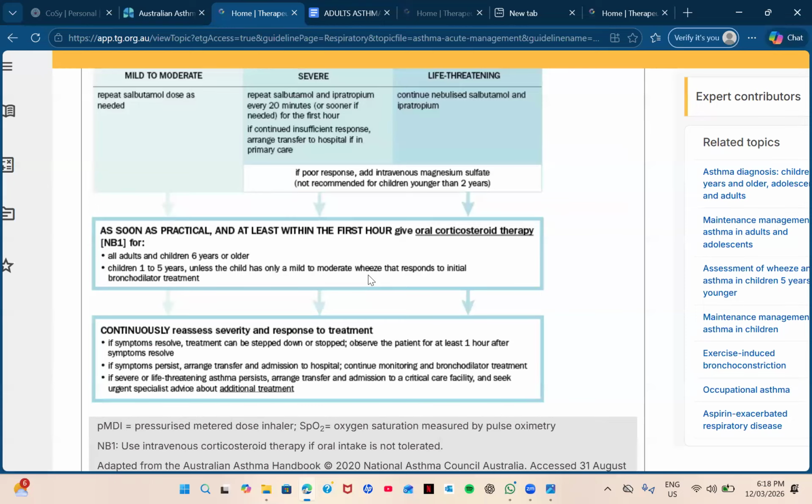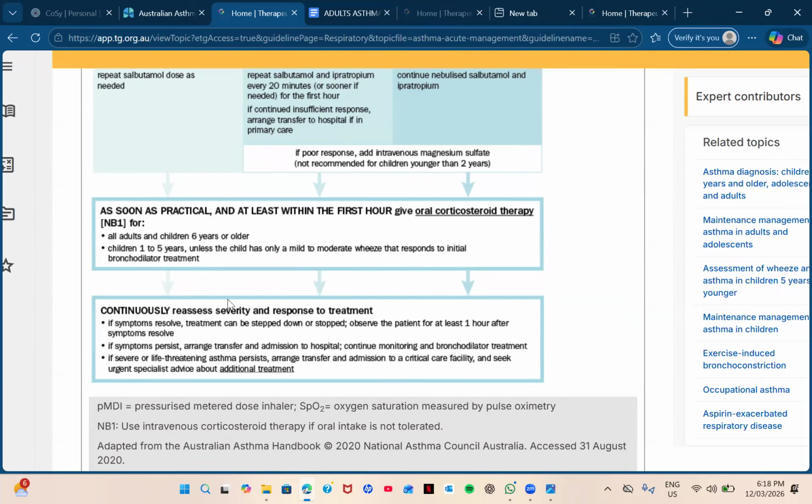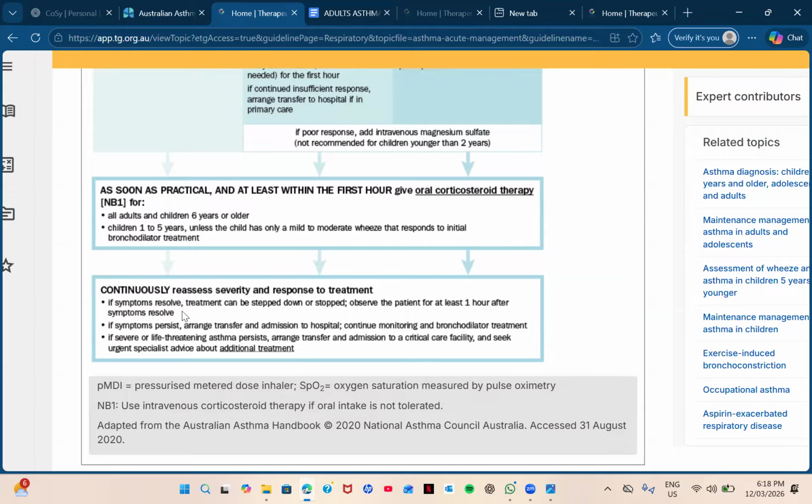So what is the extra point in TG? Almost everything is the same, but they have added ipratropium to the salbutamol. Then, as soon as practical and at least within the first hour, give oral corticosteroid therapy for all adults and children 6 years or older, or children 1 to 5 years, unless the child has only mild to moderate disease that responds to initial bronchodilator treatment. Then continuously reassess the severity and response to treatment.